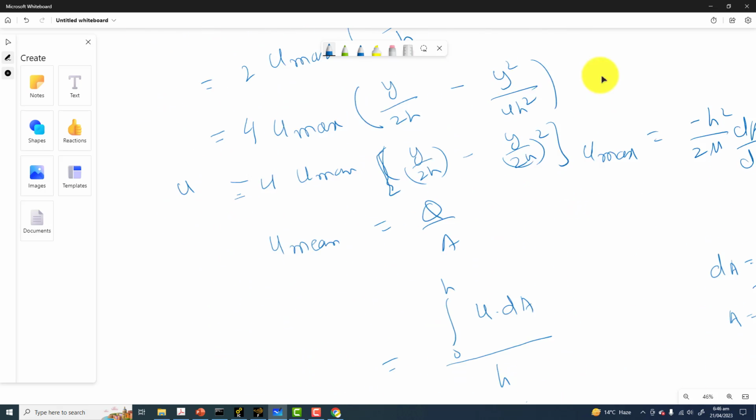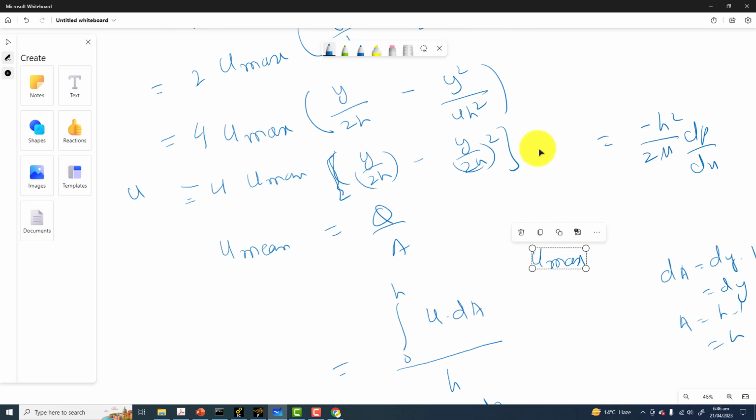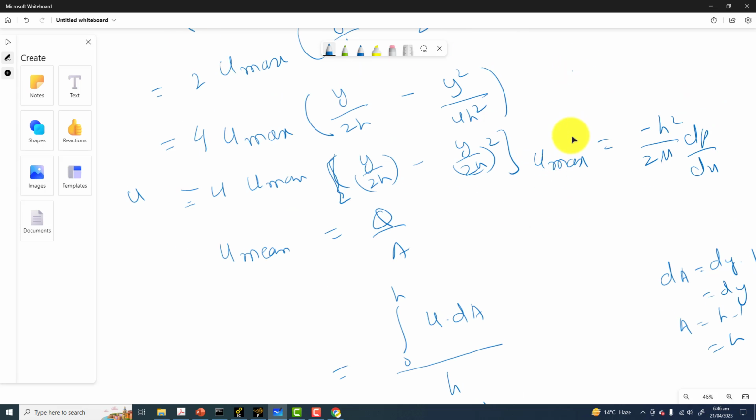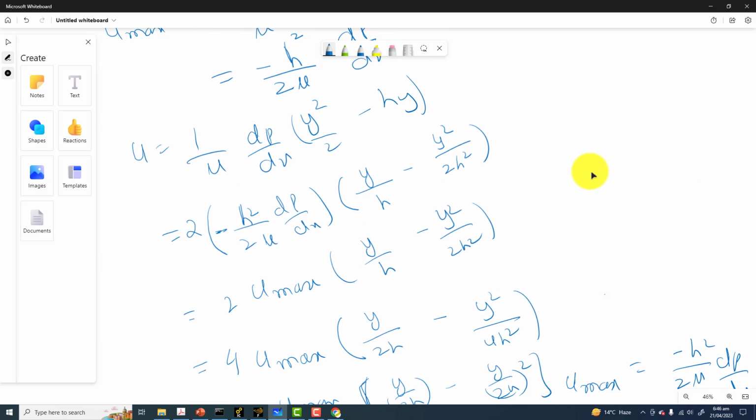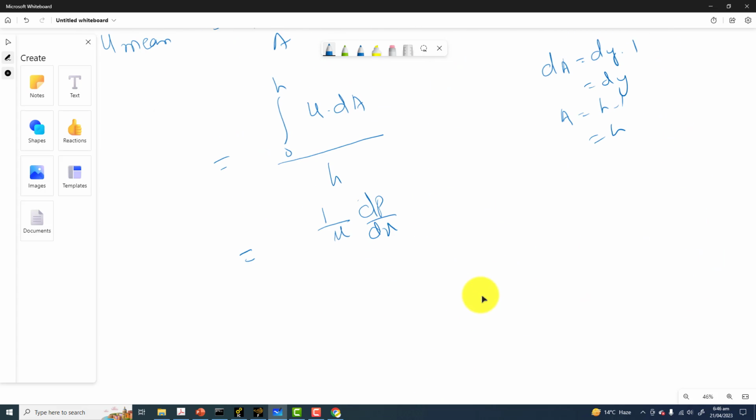So 1 upon mu and dp by dx and y square upon 2 minus hy. Okay, so 0 to h and dy divided by h, so it's 1 upon h.